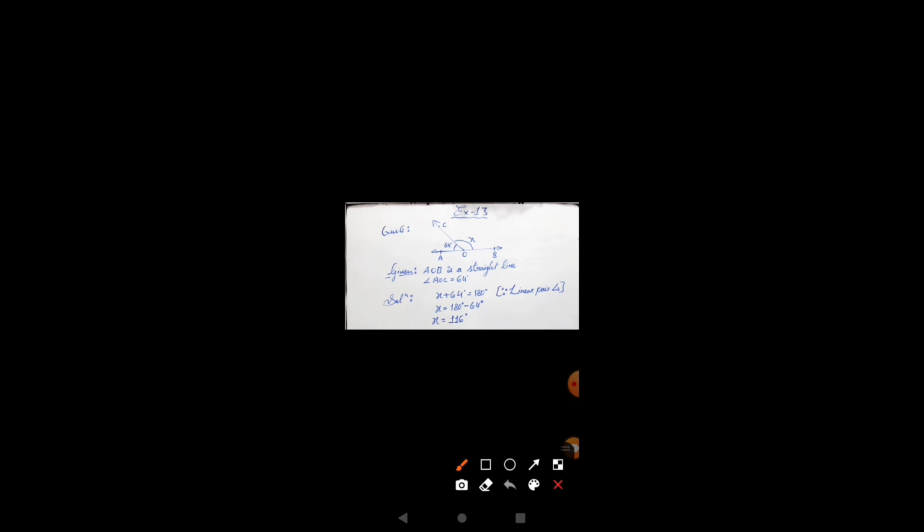So we can write x, meaning this angle, plus 64 degrees, meaning the sum of these two, equal to 180 degrees, and in the bracket you will write the reason: linear pair angles. When we write the reason in brackets, we use short forms. So I have written angles as 'angles' with an s, this is the short form of angles, and we write in brackets only when we give the reason.